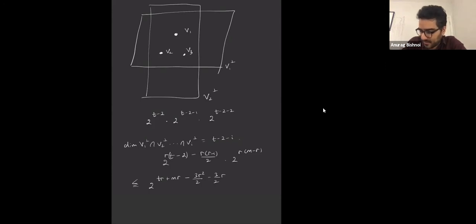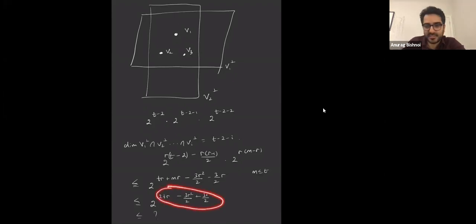But firstly, let me use the fact that M was less than or equal to T to write this down as 2 to the 2TR minus 3R squared over 2 plus 3R over 2. And in fact, that is less than or equal to something, and you can tell me what this is.